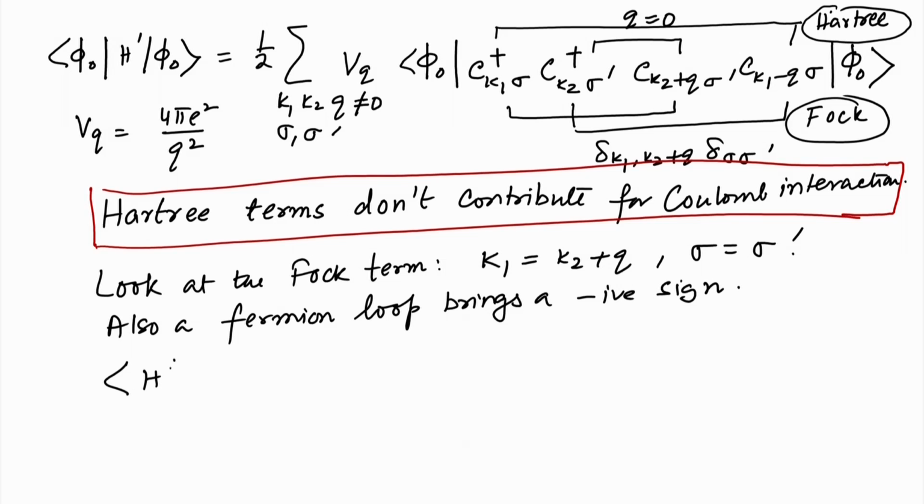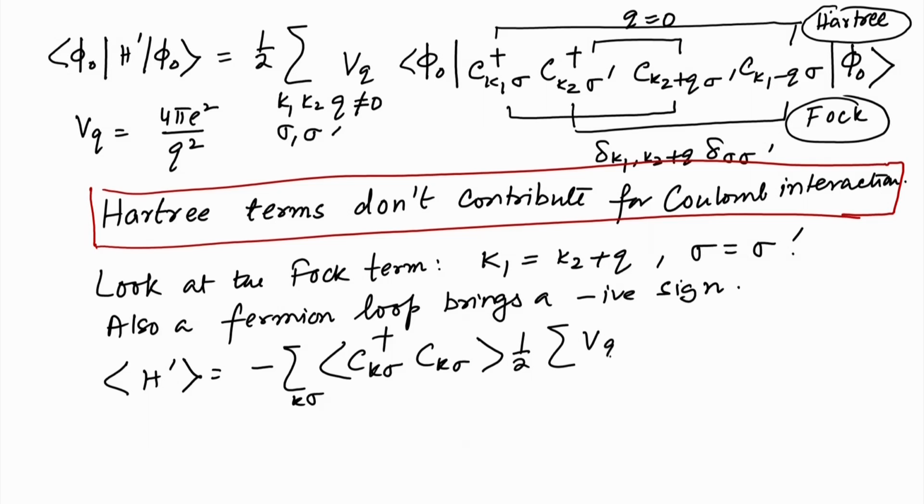So, my H prime simply becomes the sum over k sigma of C k sigma dagger C k sigma, and half, then there is a V q, q not equal to 0, and then there is a C k plus q sigma dagger C k plus q sigma, and that is the combination.